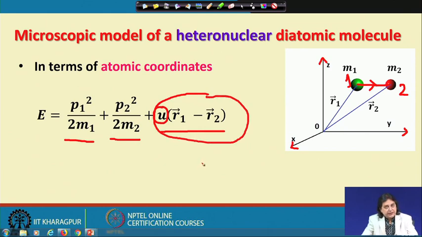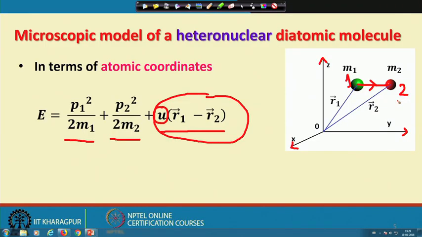Therefore, in the present form it is impossible to separate out any kind of motion of one atom from the other. That is simply because they are bonded to each other and their interaction is represented in terms of that u term that I have shown you in the total energy.